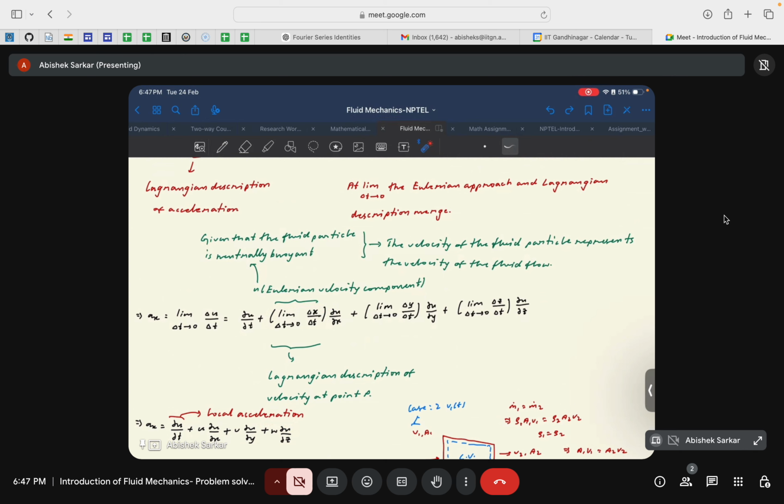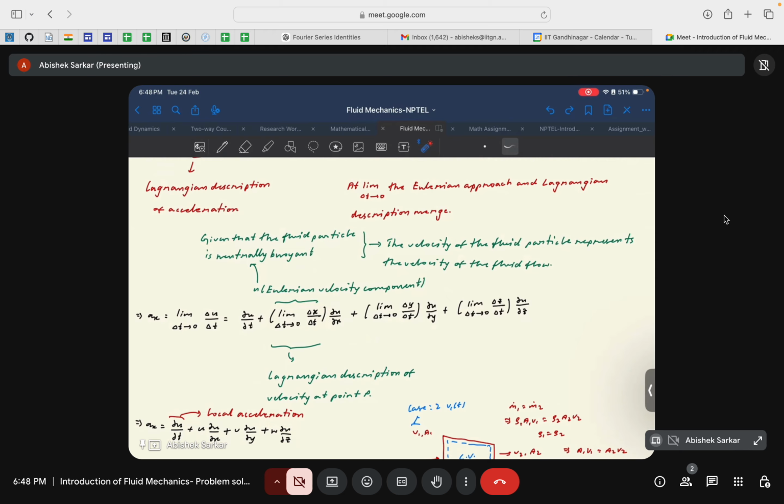Let me just repeat it: when delta t tends to 0, the velocity field at a particular location and instant of time becomes equal to the velocity of the particle at that location and instant of time. The particle aspect represents your Lagrangian part, and the velocity field in the domain represents your Eulerian aspect. These two merge with each other or become exactly the same when delta t tends to 0.